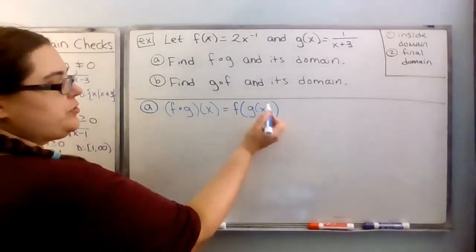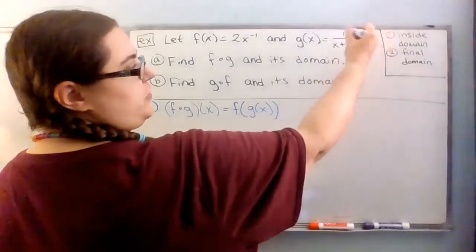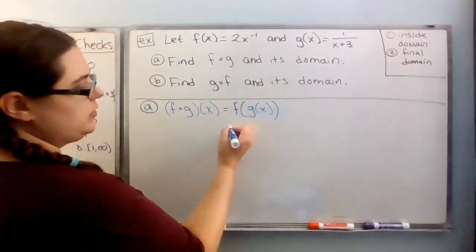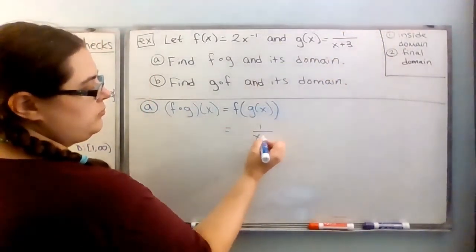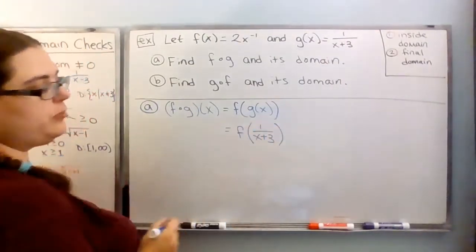So the first thing we have to do is take g of x. So I'm going to take g of x and replace that with its function definition, which is 1 over x plus 3. And that's what I'm substituting into my function f.